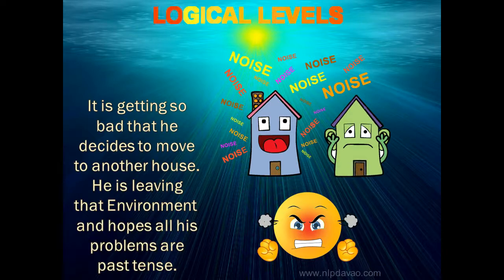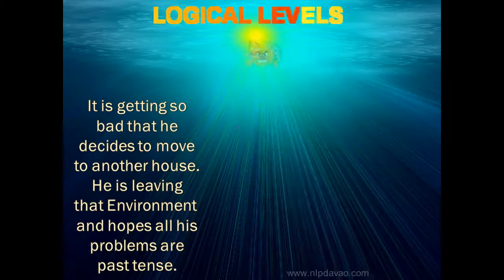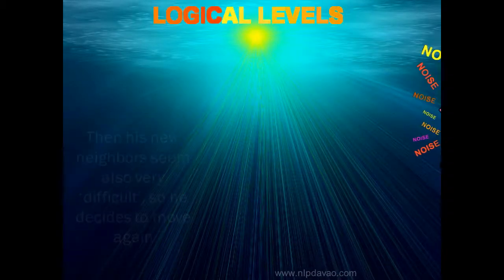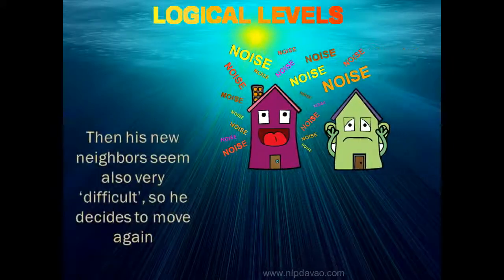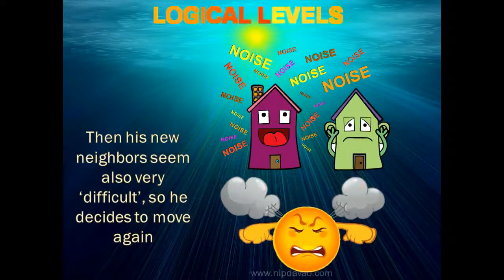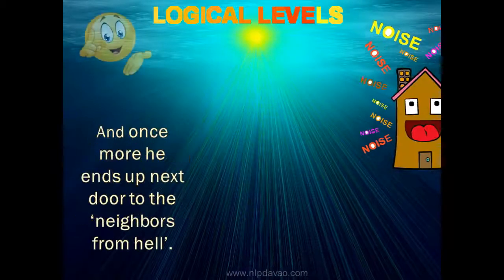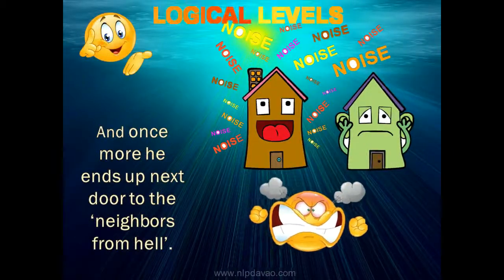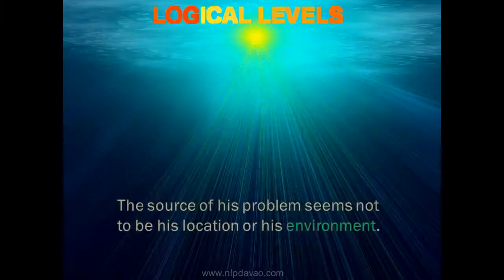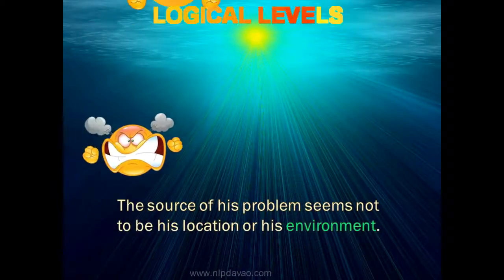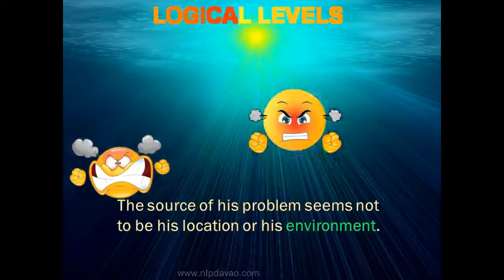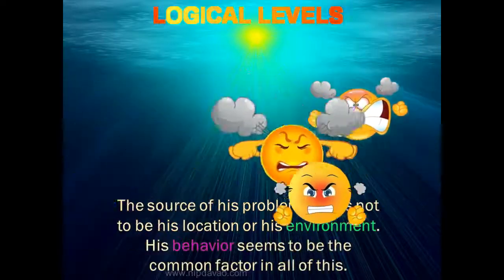He is leaving that environment and hopes all his problems are past tense. Then his new neighbors seem also very difficult, so he decides to move again. And once more he ends up next door to the neighbors from hell. The source of his problem seems not to be his location or his environment. His behavior seems to be the common factor in all of this.